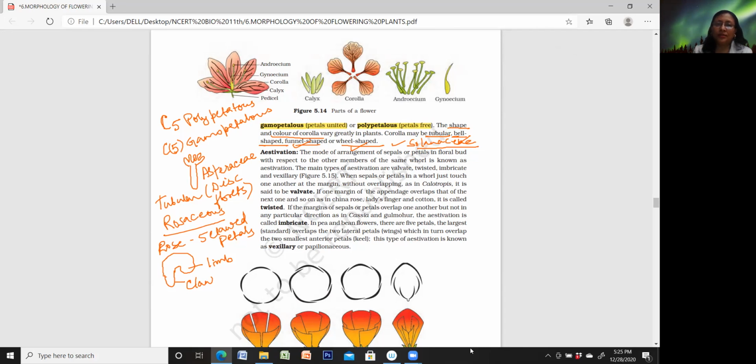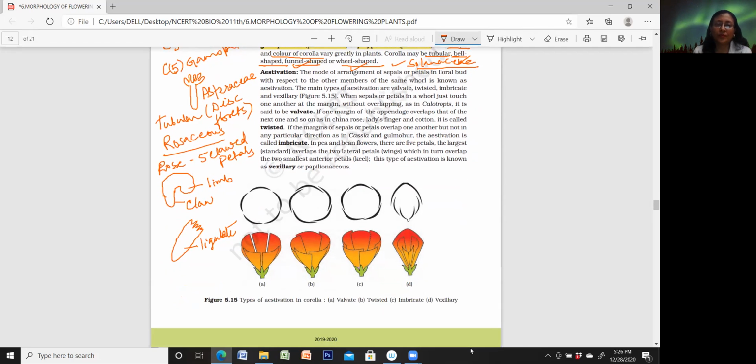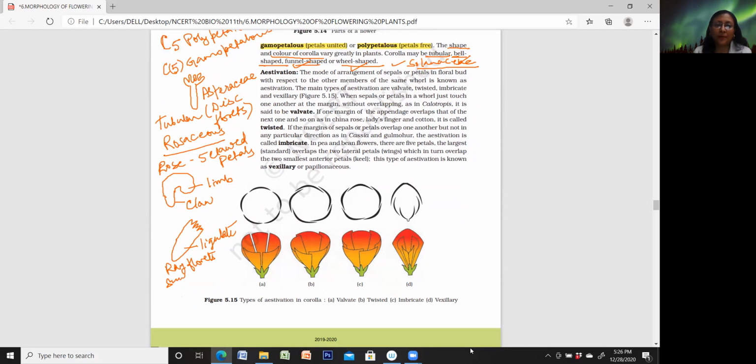Corolla has other shapes also, like ligulate, which you can see like this. Only the relevant ones we can discuss. Ligulate is found in the ray florets of sunflower, those yellow ones which you think are petals, but actually each is a flower.